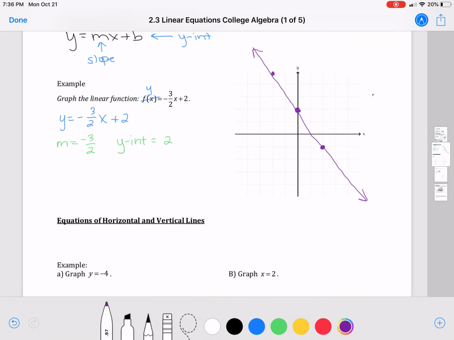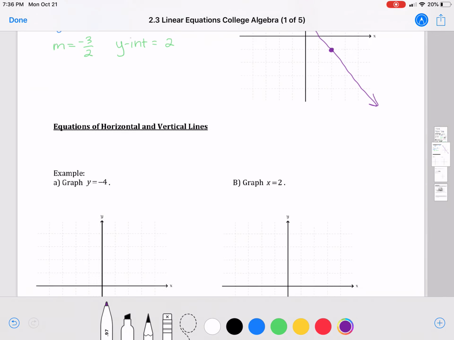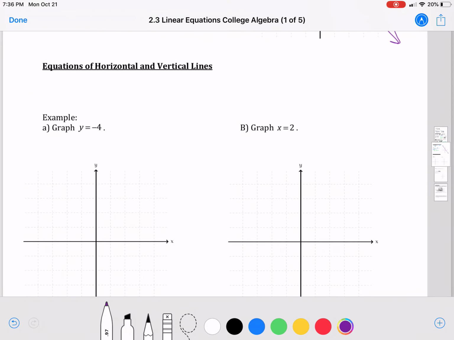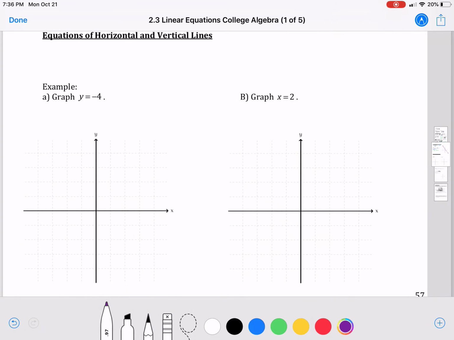Alright, our other type of linear equations are when we look at horizontal and vertical lines. Okay, some of you may remember our anagram HOY-VUX. So remember we have, it's H-O-Y.